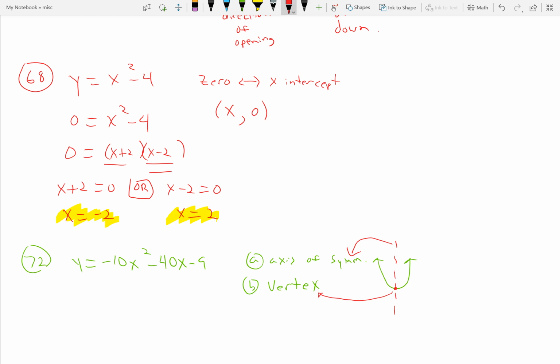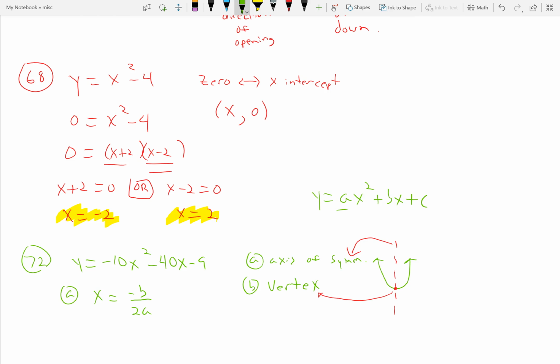To find the axis of symmetry, the axis of symmetry is given by the equation x equals negative b divided by 2a. And this a and b is from the standard form y equals ax squared plus bx plus c.